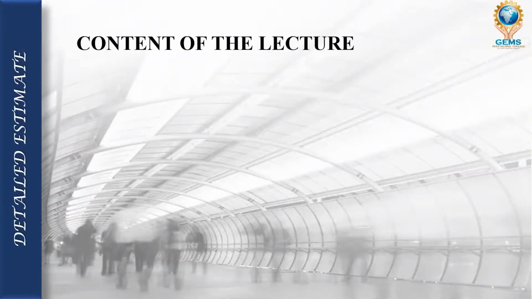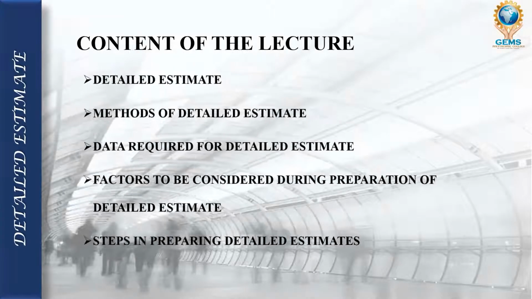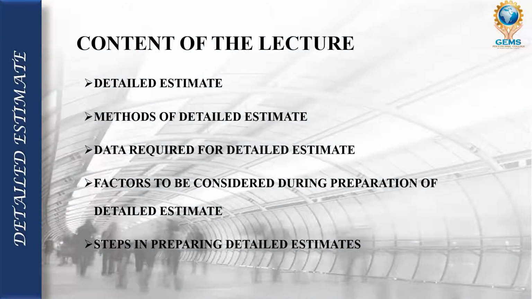So, the content of the lecture. What are the contents here? We are going to study what a detailed estimate is, the methods of detailed estimate, the data required for a detailed estimate, the factors to be considered during its preparation, and the steps in preparing a detailed estimate.